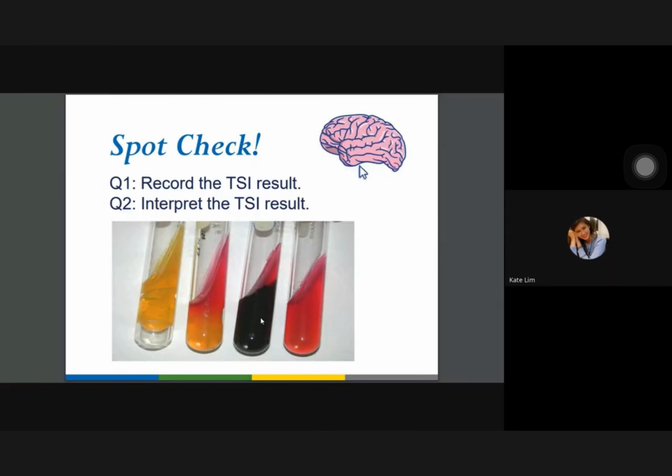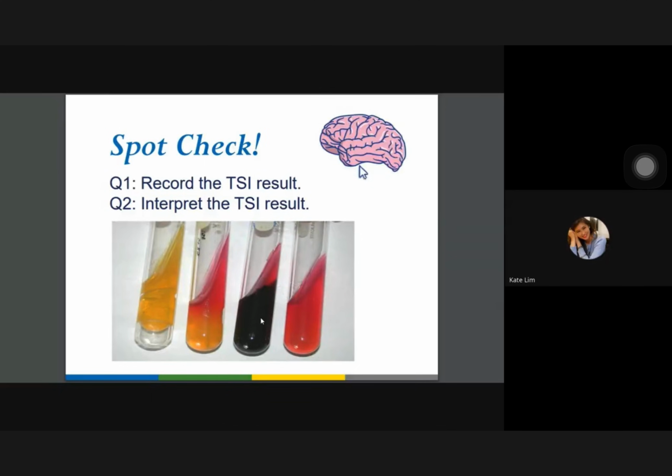So no carbohydrates are fermented, meaning sucrose, lactose, and glucose are not fermented. Do we see hydrogen sulfide? There's no black precipitate, so hydrogen sulfide is negative. How about the gas? There are no bubbles or cracks, so gas is also negative. Okay, so that would be your fourth tube.